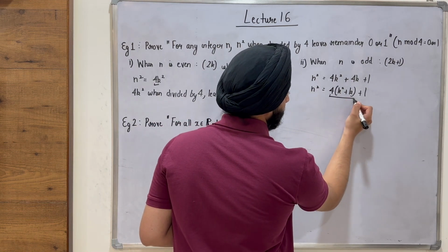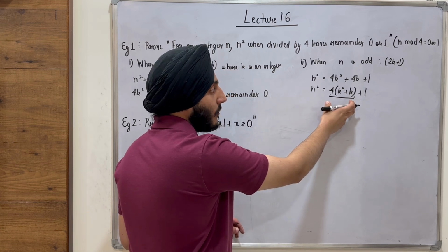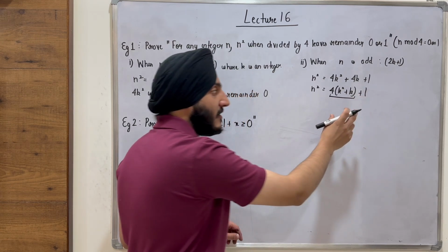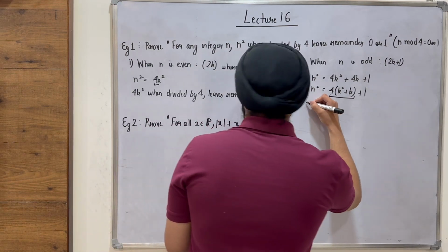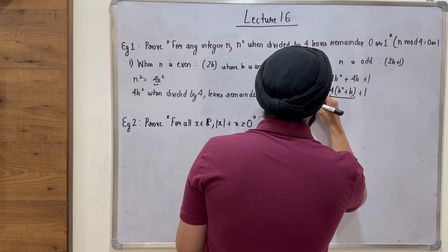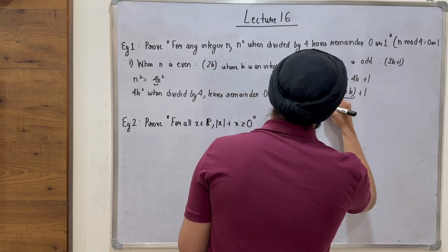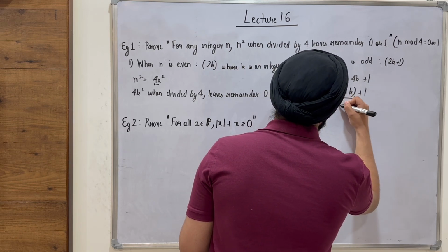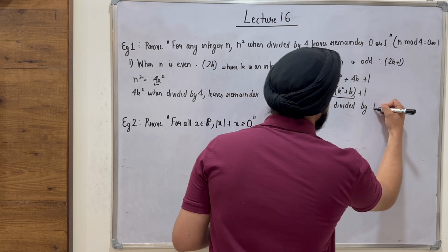This part, 4 times k square plus k, is divisible by 4, but there's a 1 added to it. That basically means that the remainder should be 1. So in this case, n square leaves remainder 1 when divided by 4.